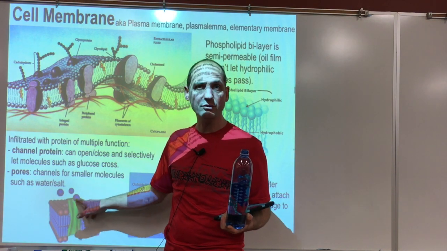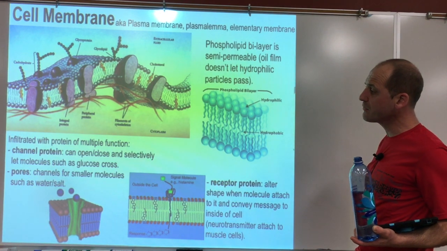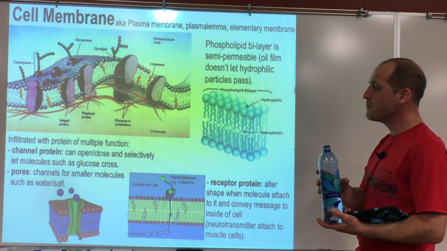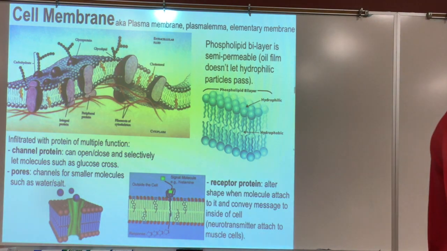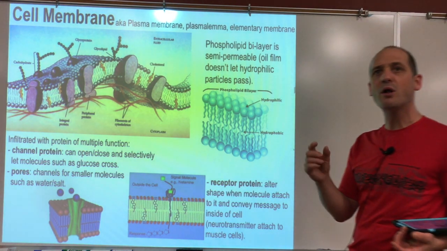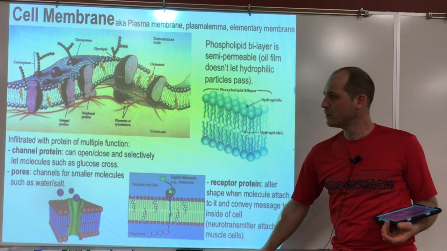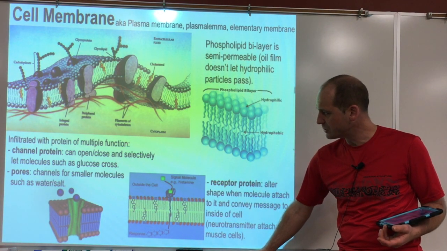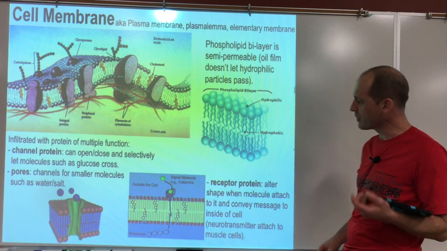And so they need channels to have stuff go in and out. The other thing we have is pores, and pores are smaller channels. Like they let water in and out, for example, as very small molecules, or salt type, sodium, potassiums. Those are more done with pores, not channels. Channels more like for glucose, larger molecules.